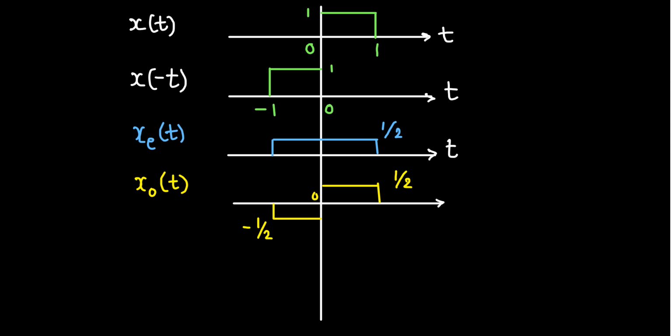And we can clearly observe from these two that if we add both of these components, you will get back the original signal. This is all about the even and the odd signals.